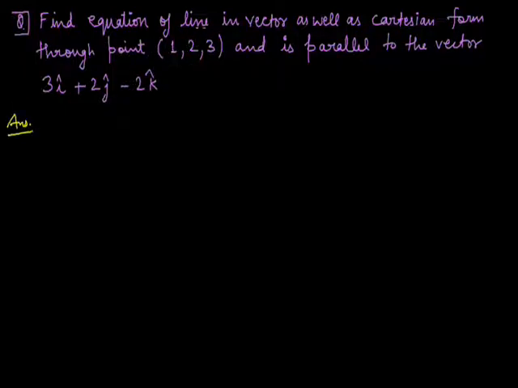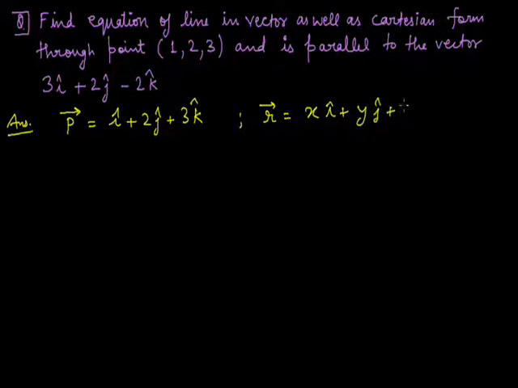What are we given? We are given a point and a vector parallel to the line. So let's first write down the position vector of the point, which is 1i cap plus 2j cap plus 3k cap. Let's take our vector as x i cap plus y j cap plus z k cap. The V vector is 3i cap plus 2j cap minus 2k cap.